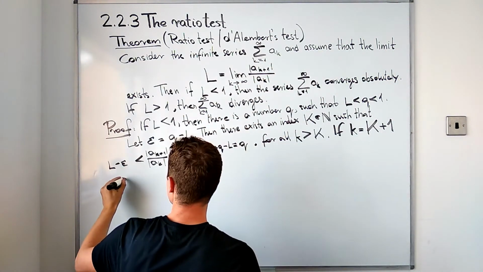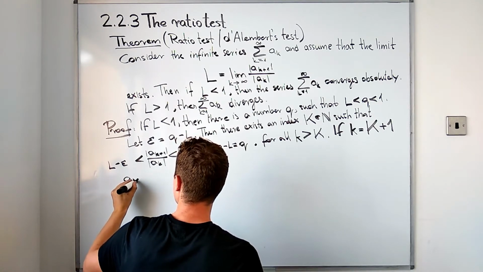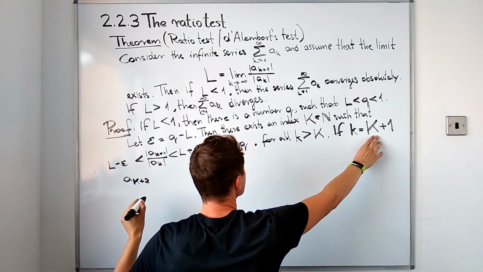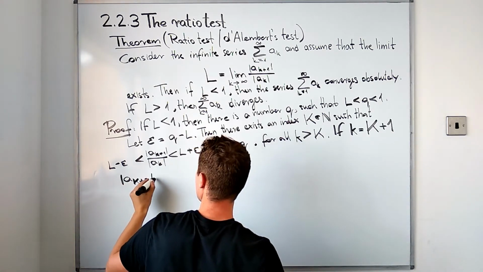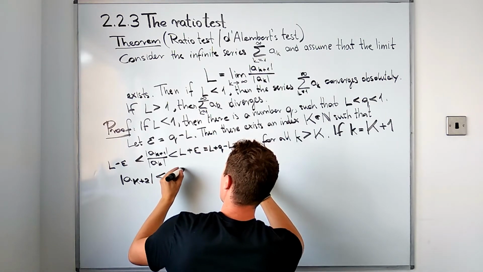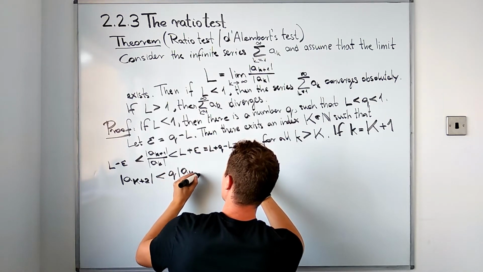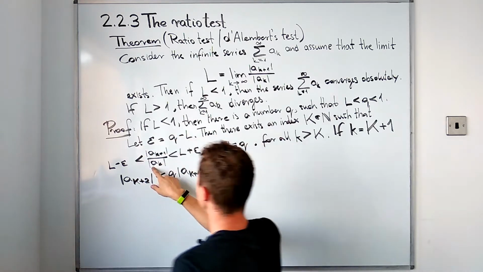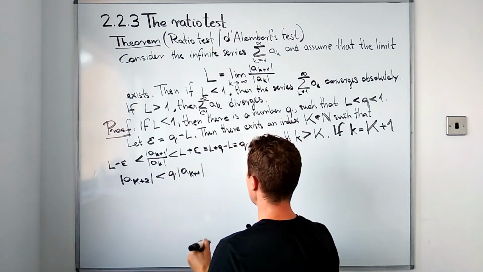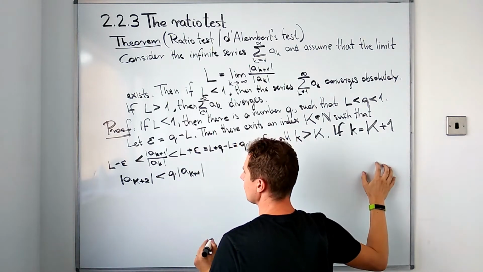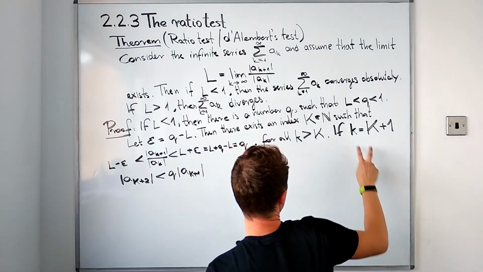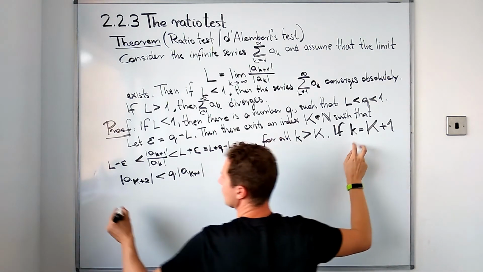We get that the absolute value of A capital K plus 2, that is the little k plus first term for this choice of little k, is going to be less than Q times the absolute value of A capital K plus 1. Because we have multiplied both sides by the absolute value of A little k, with this choice of little k being capital K plus 1. So this is what happens for little k being capital K plus 1.